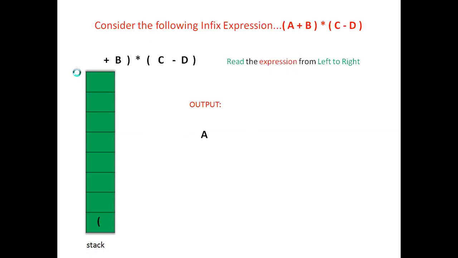Then we have an operator. If the scan symbol is an operator, check the condition: top equal to -1, or is there any operator in the stack with higher priority? If so, pop the stack and print on output. Then push our operator into the stack.